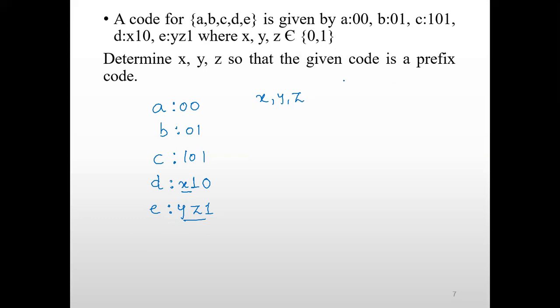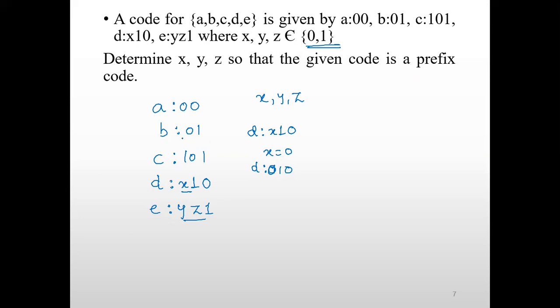Here X, Y, Z should be selected from the set {0, 1}. Either it can be 0 or it can be 1. So let's find X. We have D as X10. If we put X equal to 0, then the sequence becomes 010.